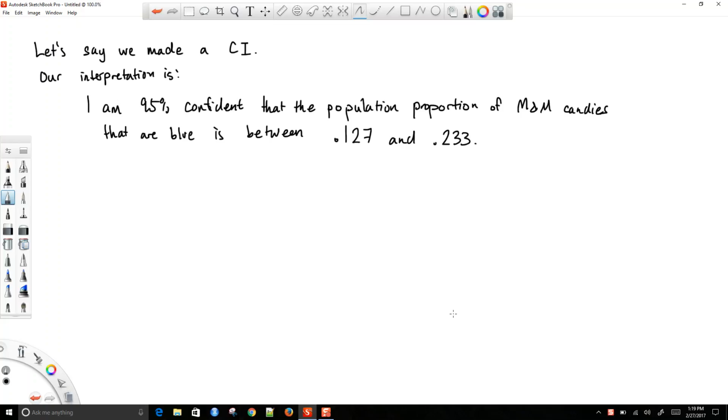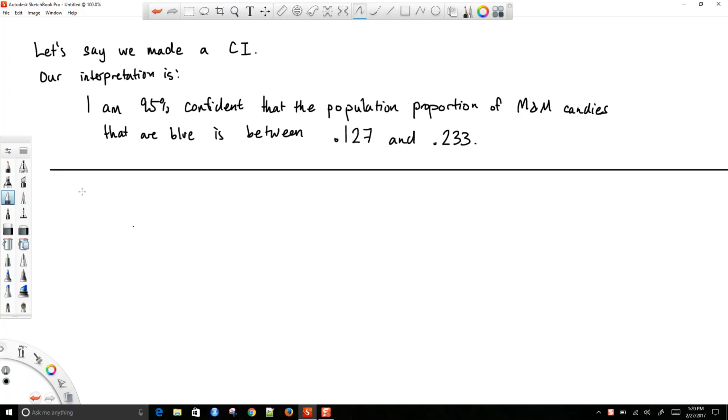So I'm 95% confident that the proportion of M&Ms that are blue is somewhere between 12.7% and 23.3%. Okay, 95% confident.